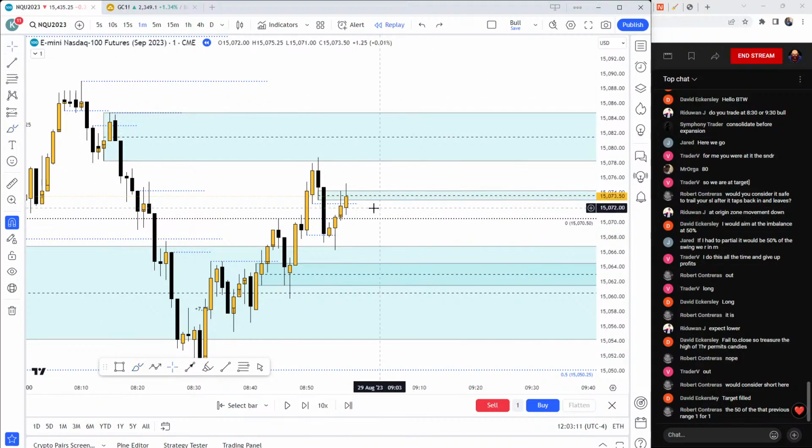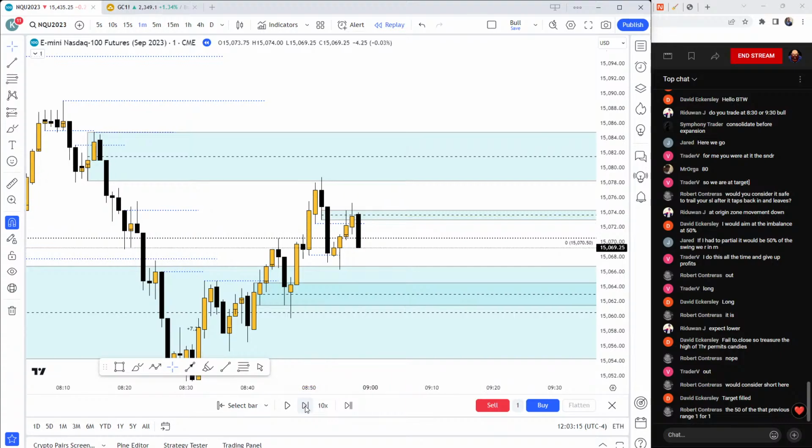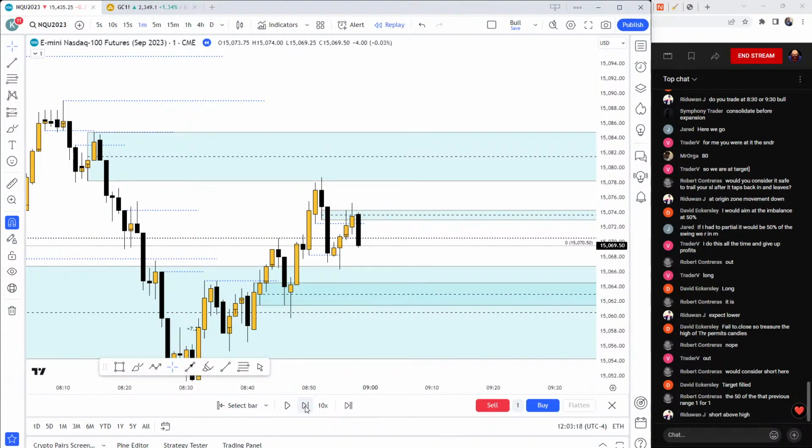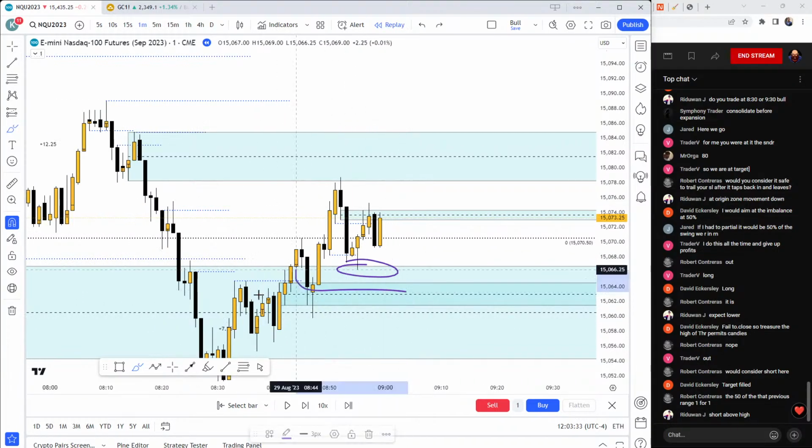That would be what I would need to see. I would need to see some sort of failure above to take a short here. Now you'll probably make money, especially if you get failure in here for sure, but your target would probably be this low. I wouldn't necessarily be looking for us to trade back down into this anymore.